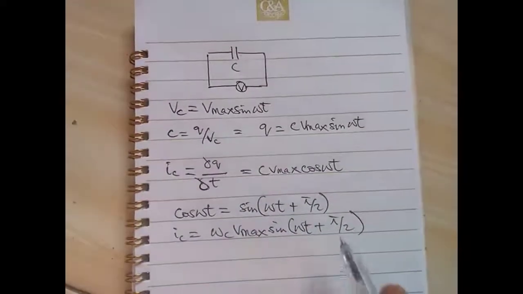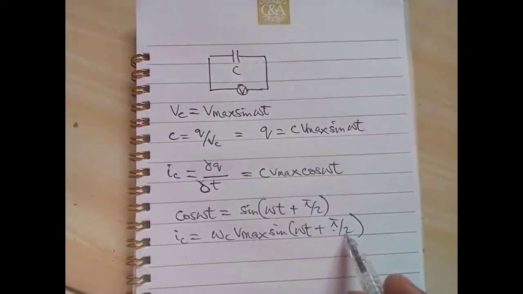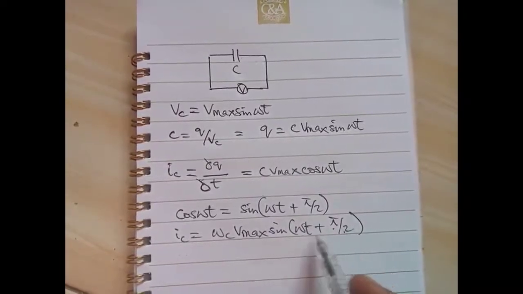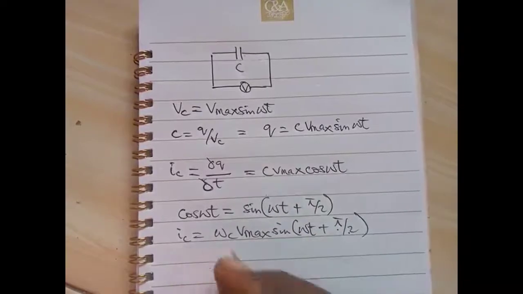Now pi is equal to 180, so 180 over 2 is 90. So because of that, current leads by 90 degrees.